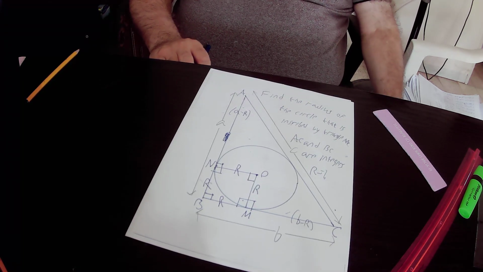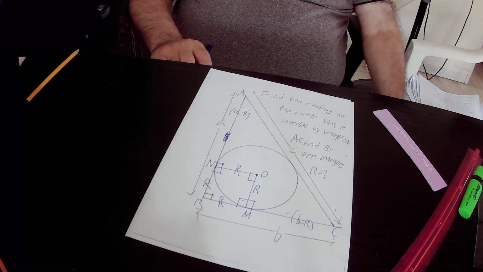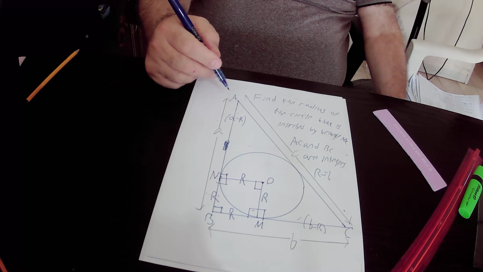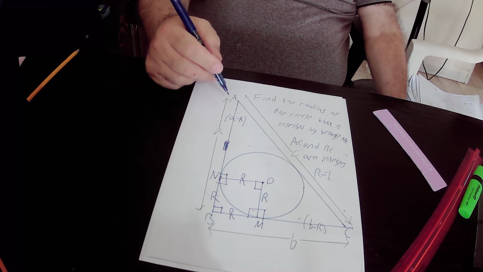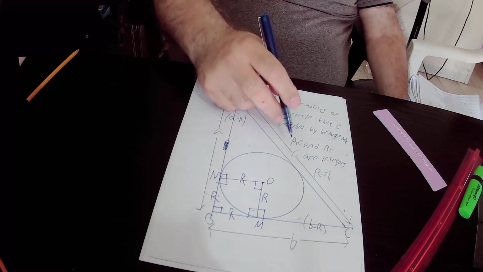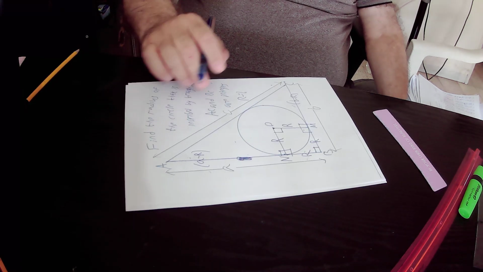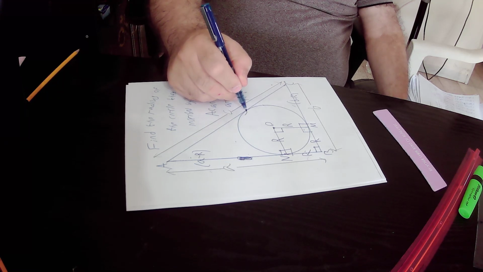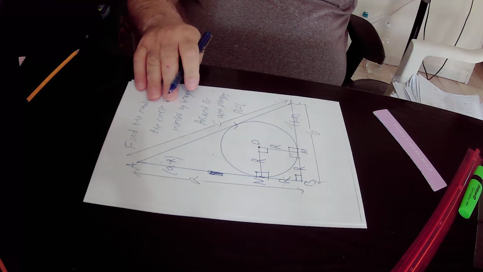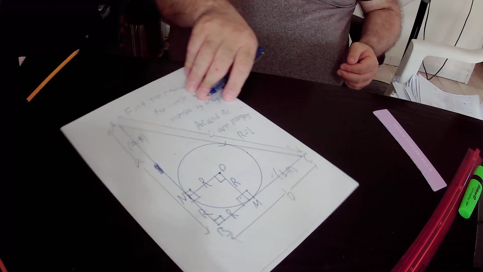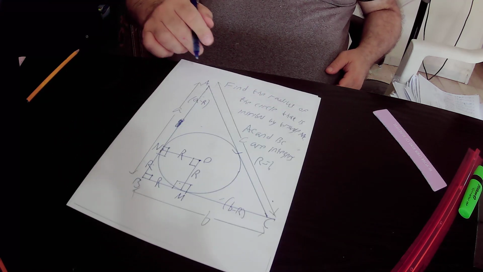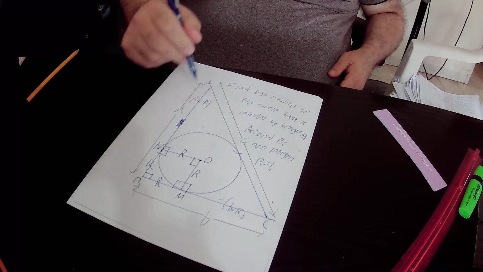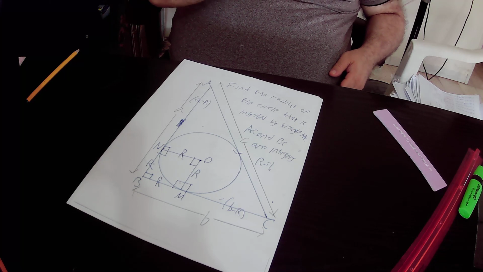So if we focus on the common external point, point A, we have two tangents from point A to this circle: tangent AN and the second tangent AL.